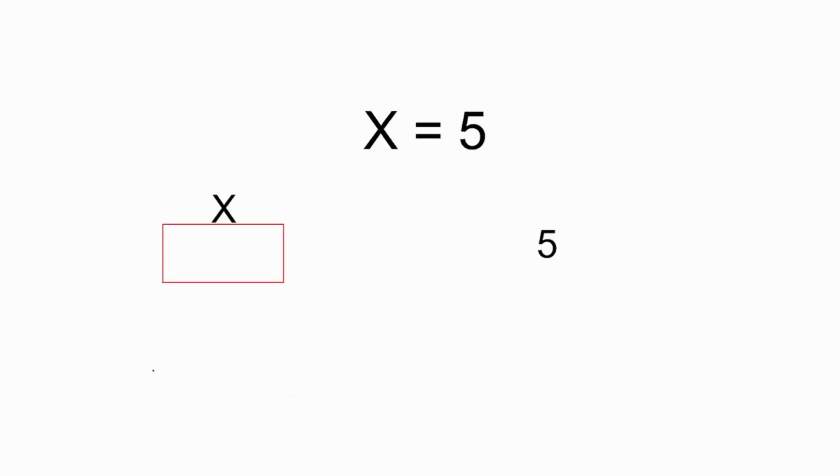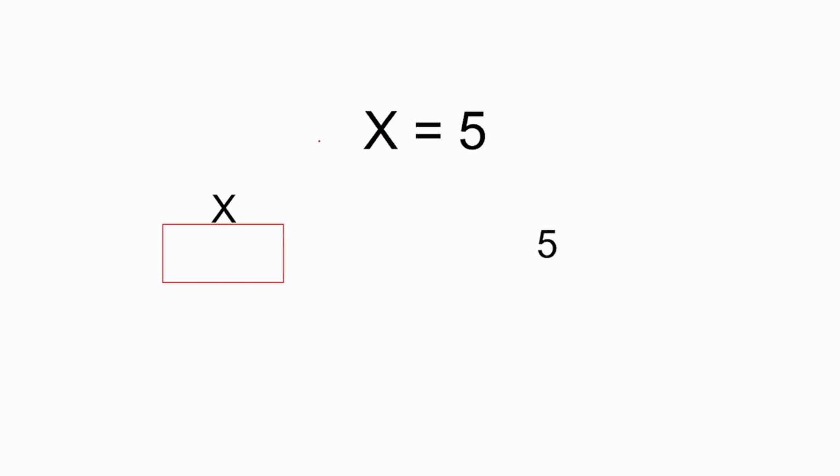So let's take a look at an example. Here we've got a simple example where we've got some sort of variable called x. Now x is not a very good variable name, and in programming we try to name things with much more accurate naming conventions. But for simplicity here, we've got this variable x.